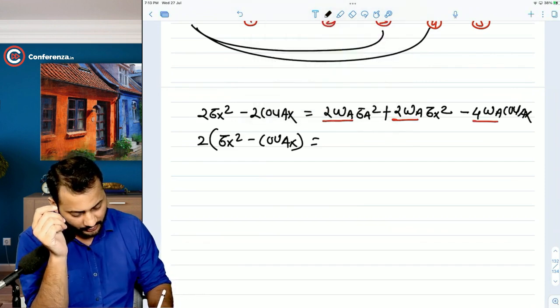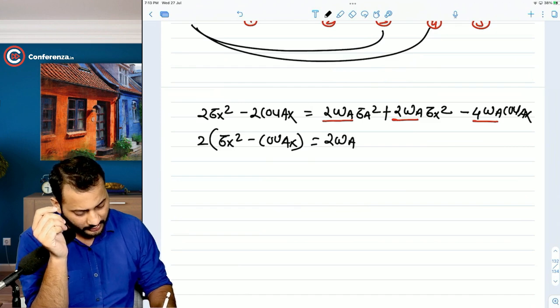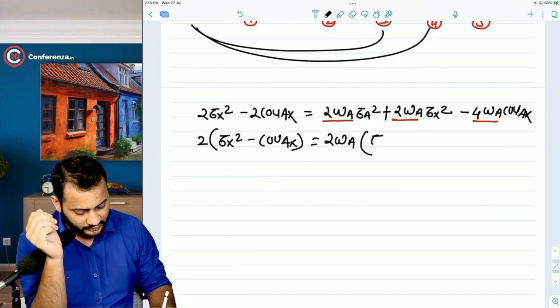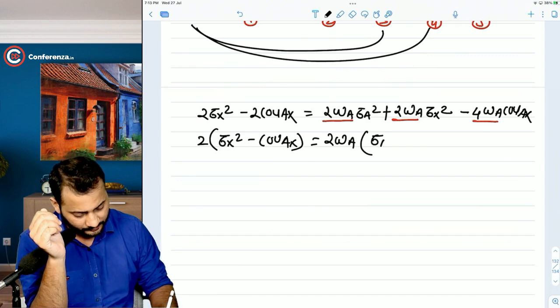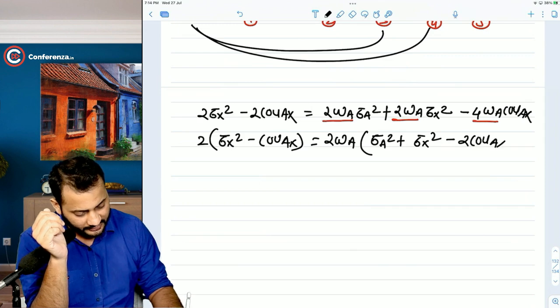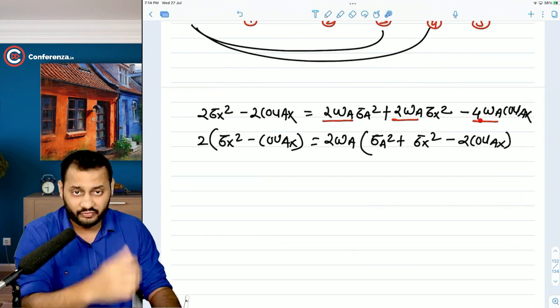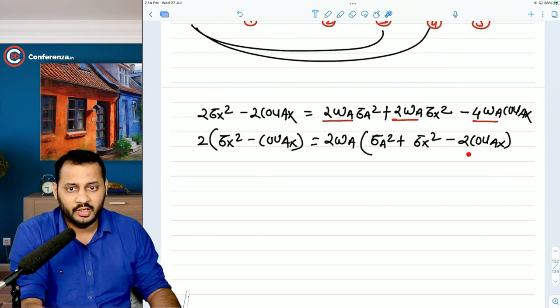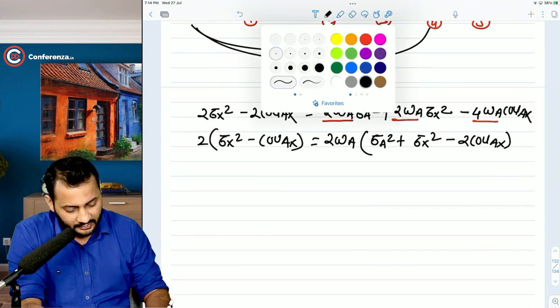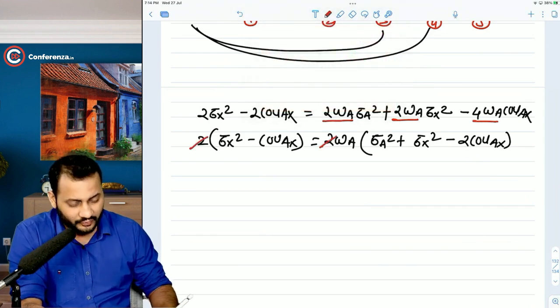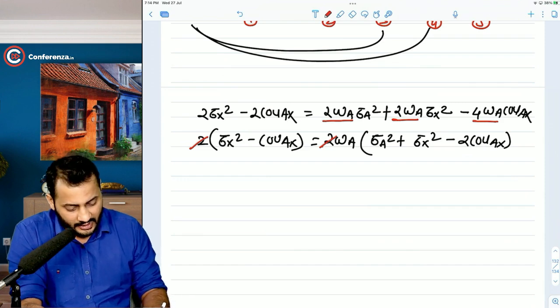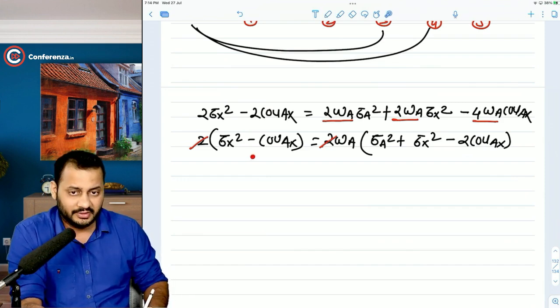So I will write down 2. I will take out 2 into weight of A from all the terms. It will be standard deviation of A square plus standard deviation of x square minus 2 into covariance of AX. I have just taken 2 out of 4, so the balance will be 2. Now you can clearly understand this 2 and this 2 will get eliminated, and the balance will be this much of the formula, this and this.